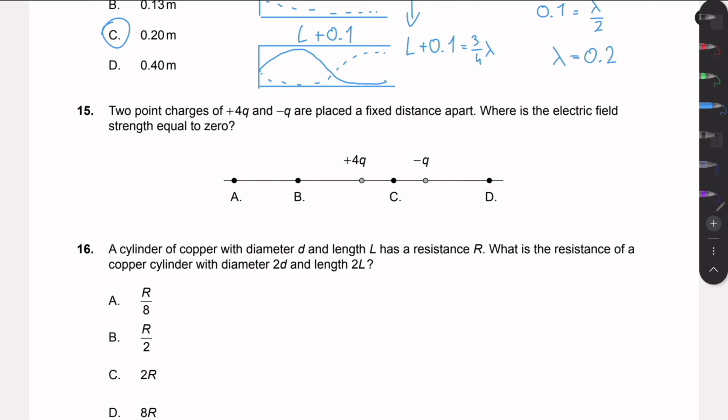Question 15. Two point charges, plus Q and minus Q, are placed a fixed distance apart. Where is the electric field strength equal to 0? Well, electric field strength is a vector quantity, so it also has a direction. And what we need to know is that the electric field always shows the direction a positive particle would move.